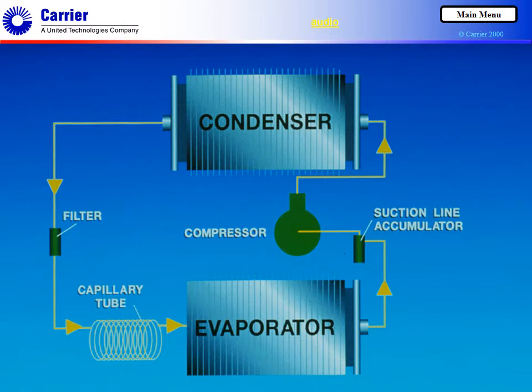All the liquid leaving the condenser must flow through the capillary tube before entering the evaporator. Therefore, its diameter and length must be selected so that at design load conditions, the flow capacity of the tube is just the same as the pumping capacity of the compressor.